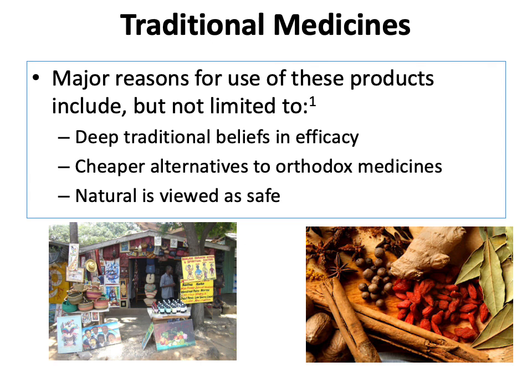And then the third reason is that there's this general belief that natural is viewed as safe. And many people believe that things which are from natural origin, be it from plants or otherwise, are generally safe compared to these synthetic compounds that we have as medicines.